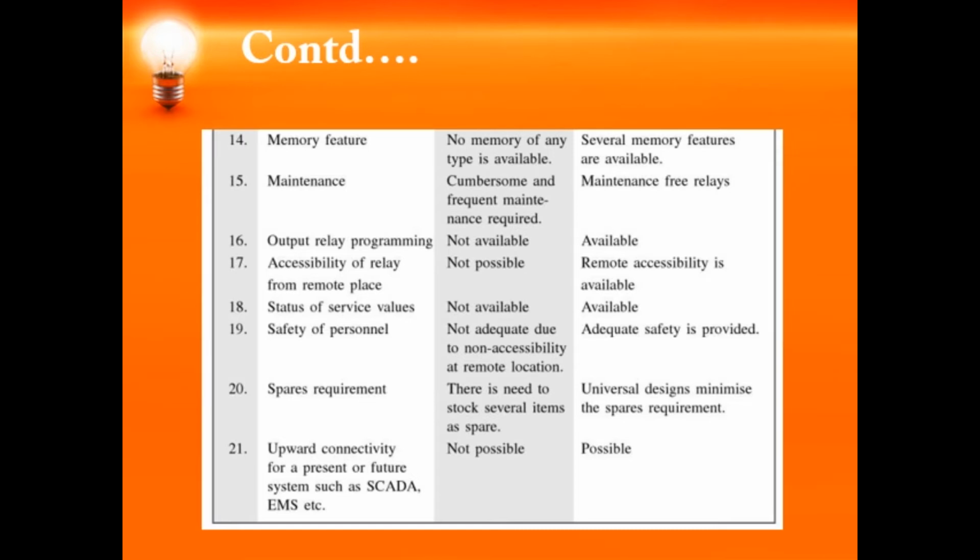And the communication feature, as I told you, is available in numerical relays, which is not available in electromechanical type relays. And safety, which is also an important feature: adequate safety is provided in numerical relays as compared to electromechanical type relays.